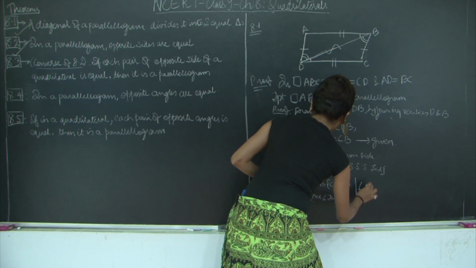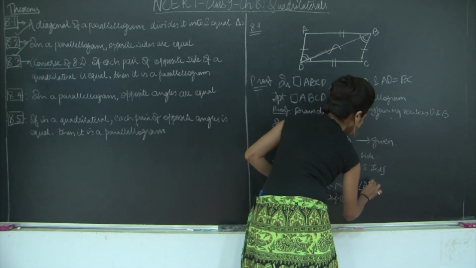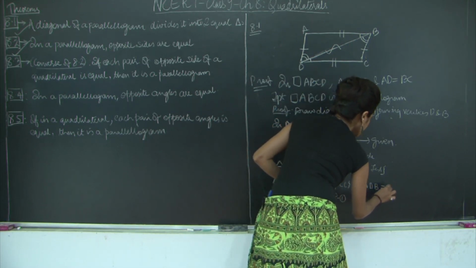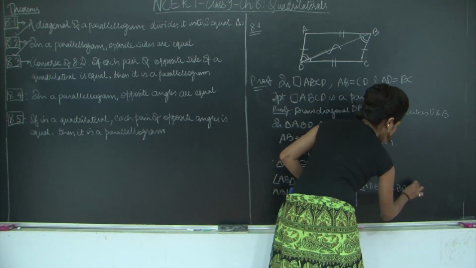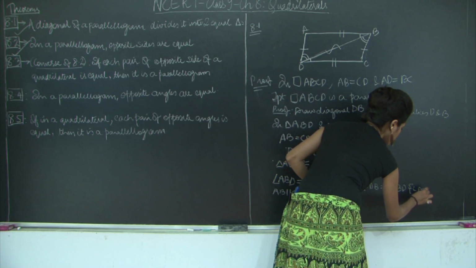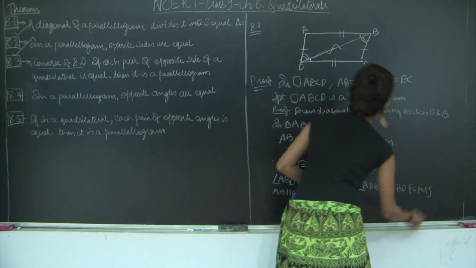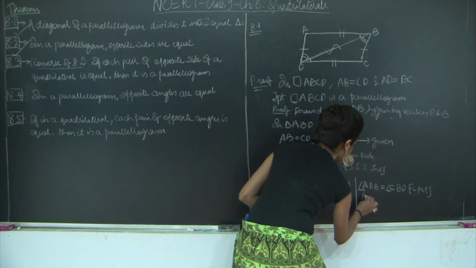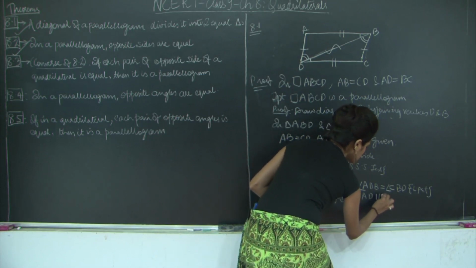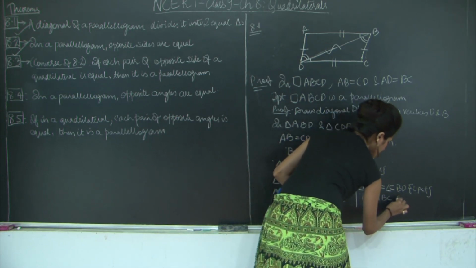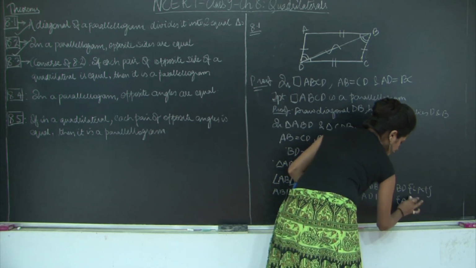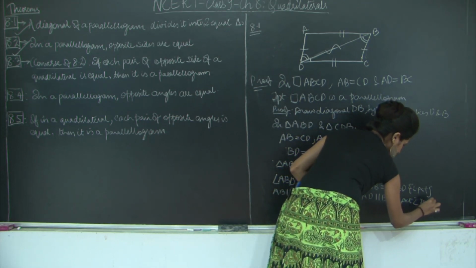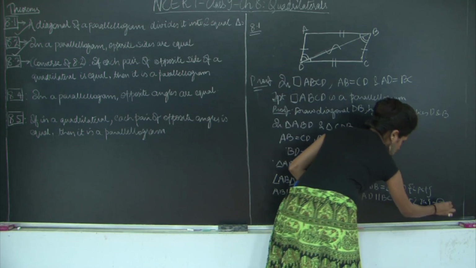So I have angle ADB is equal to angle CBD, again through corresponding parts of congruent triangles. Therefore, AD is parallel to BC. First of all, I'll mention that it's through alternate angle theorem and I'll mark this as 2.